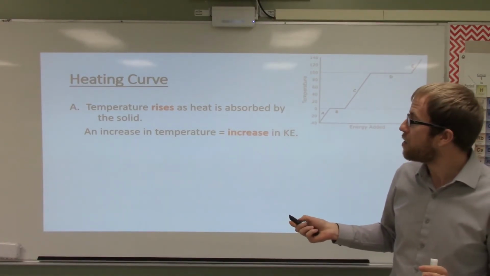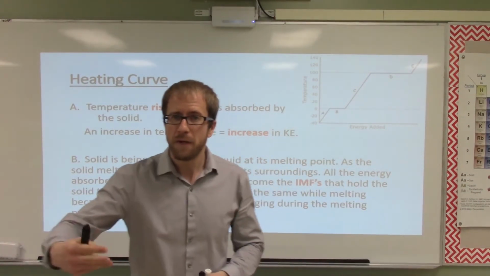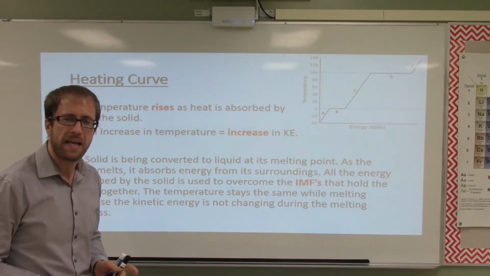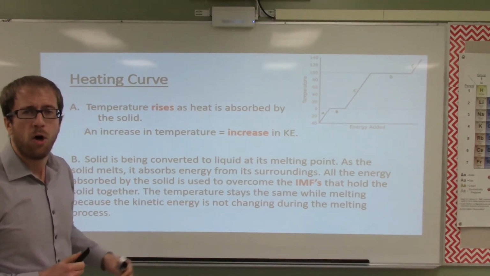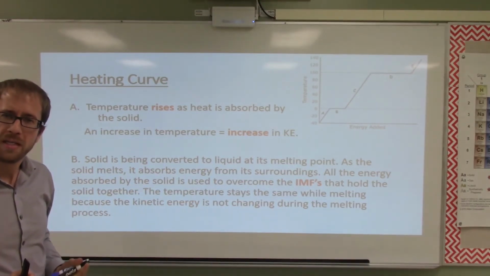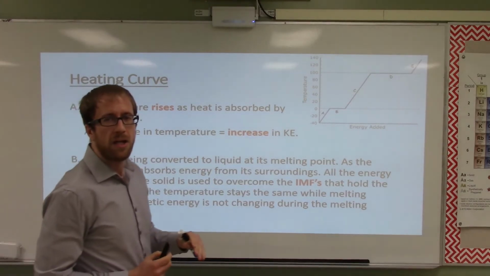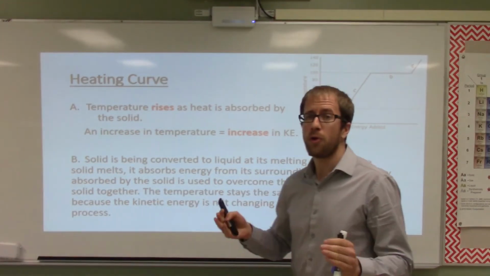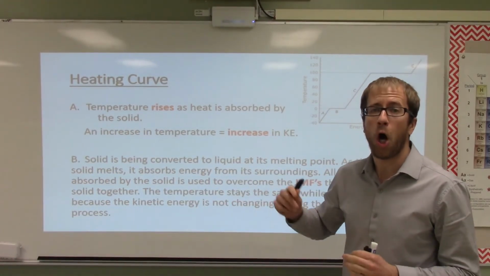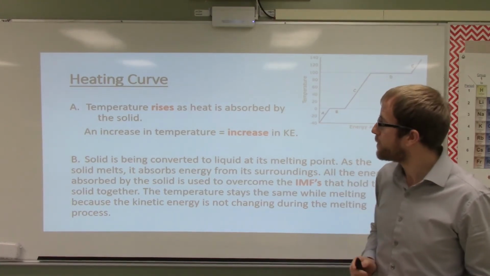Eventually, you'll reach a point where your temperature flatlines, where that addition of heat is no longer increasing kinetic energy, and it's here where that energy is being used to break apart the interactions that hold it together in a solid. That is part B. And the temperature, the kinetic energy, will not begin to increase until all of that solid has been broken down.